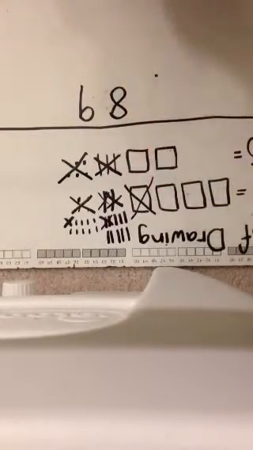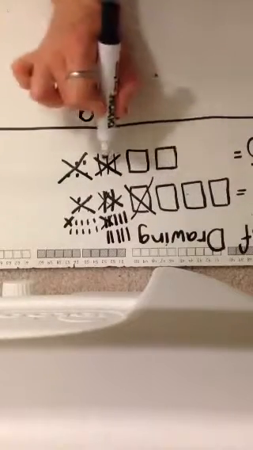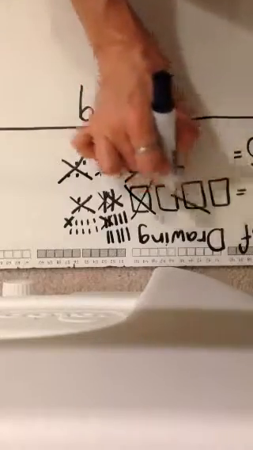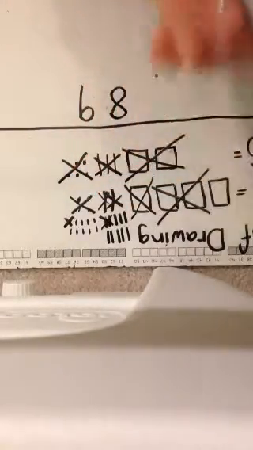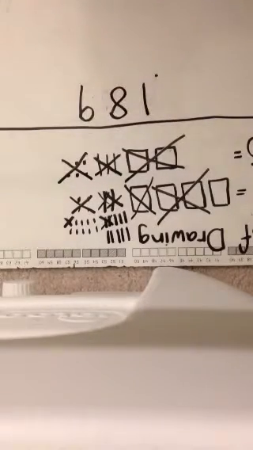Now we're doing the hundreds. It's 300 minus 200. So we can cross these off and cross these off. And now we know that we have 100. And our answer is 189. And that is how we solve 3-digit subtraction with a proof drawing.